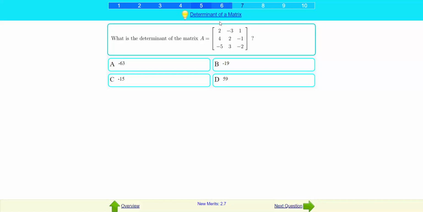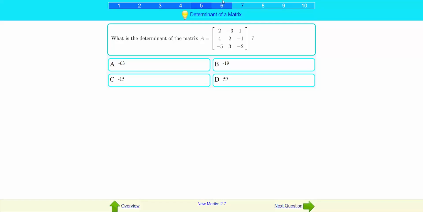It's quite easy to be honest. So 4, 2, and minus 1, minus 5, 3, and minus 2. Taking the first row, we have 2 multiplied by minus 4 plus 3.